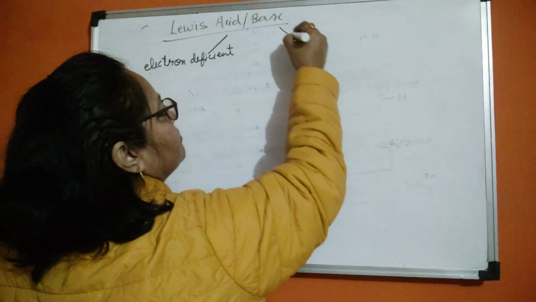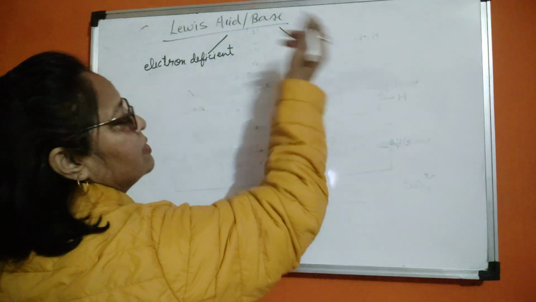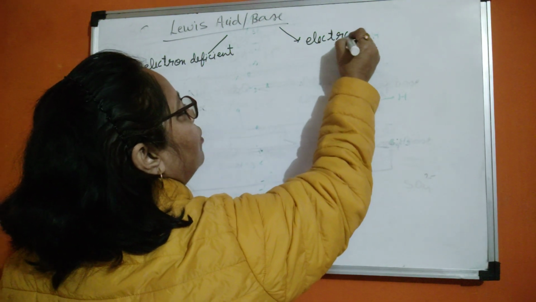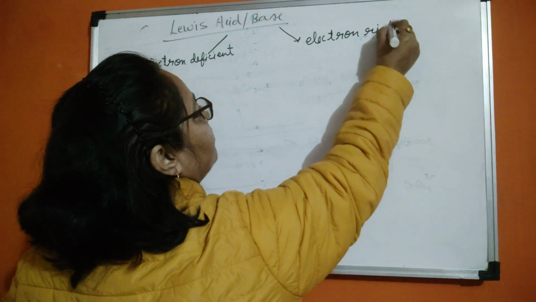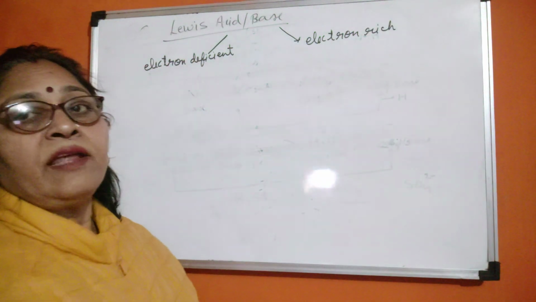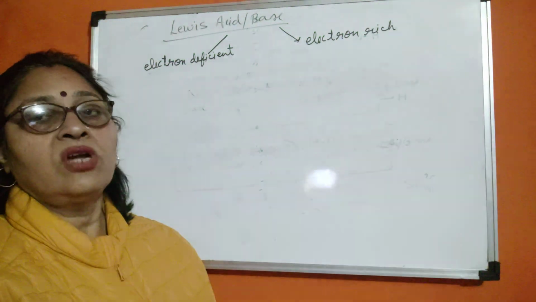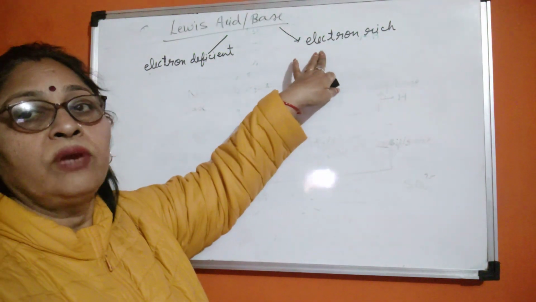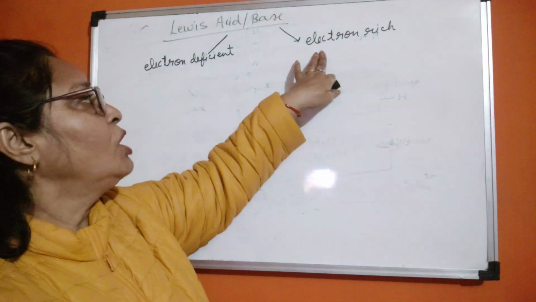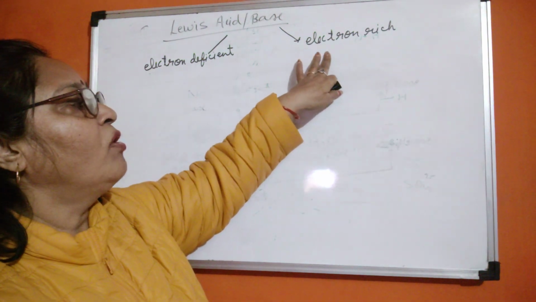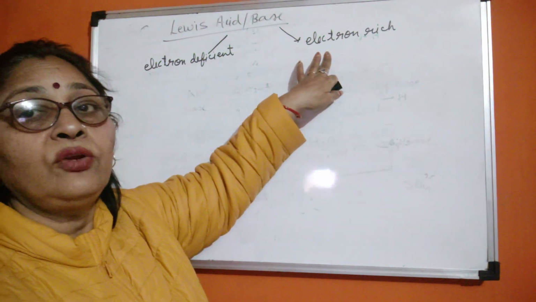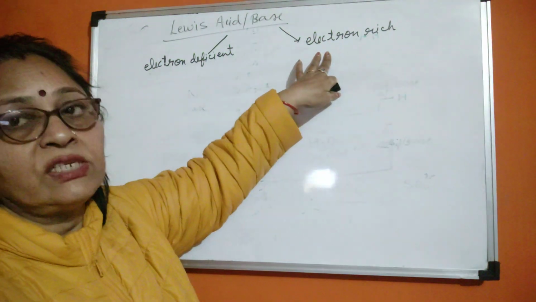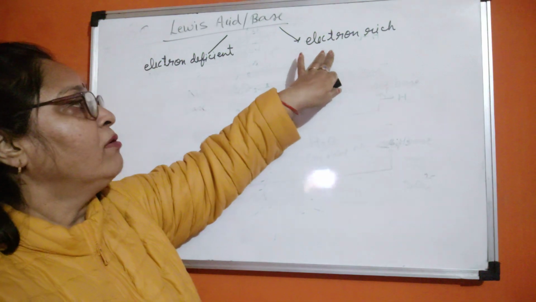And what are Lewis bases? The species which is electron rich. Electron rich means having some lone pairs, and if an extra lone pair is present, it means these species easily donate their electron pair. So Lewis bases are those electron rich species which can easily donate their electron pair to electron deficient species, right?